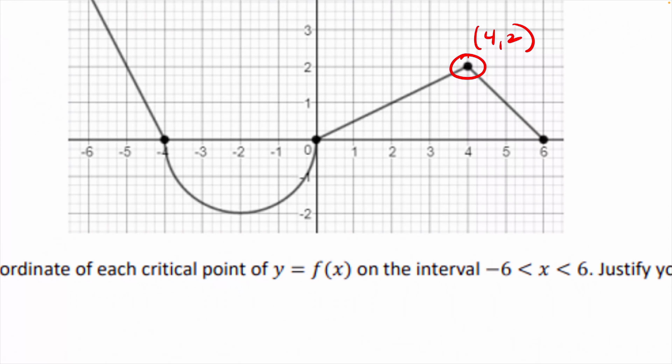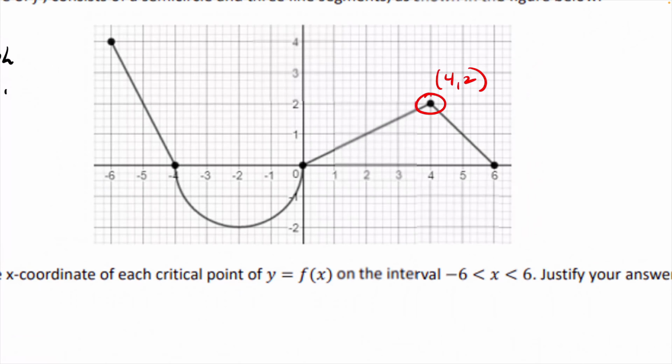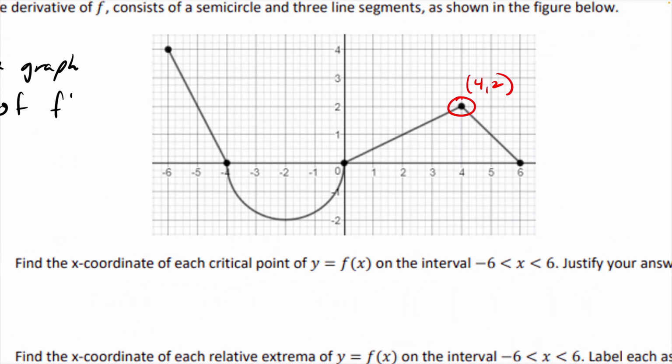So what 4, 2 says is, when x is 4, the slope of the original at 4 was +2. It was increasing. So when x is 4 on the original, it was increasing, okay? So you got to be careful with that.